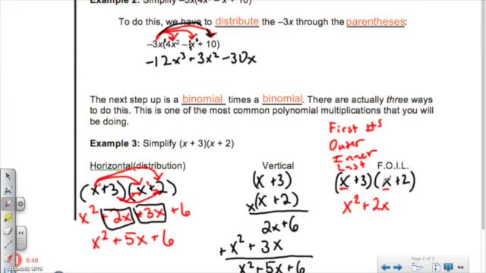Inner means I'm looking at just the numbers in the middle or the variables in the middle. 3 times x is 3x, and then last means I'm looking at the last value in each binomial. So 3 times 2, that gives me 6. Notice it's the exact same thing as doing the distribution method. It's just a different way of thinking about it. So x squared plus 5x, because again I'm combining those like terms, plus 6.